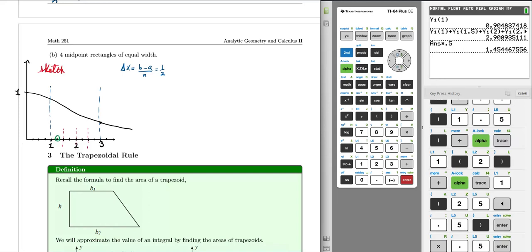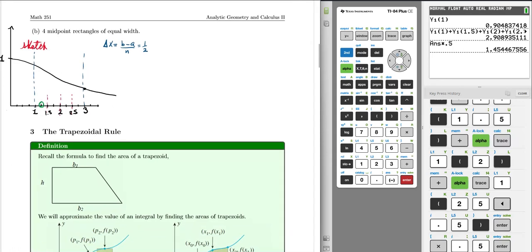So what is the midpoint between 1 and 1.5? Well, the midpoint between 1 and 1.5 is 1.25. In fact, let me move this one further up. There we go. So we're going to pick this midpoint right here at 1.25.